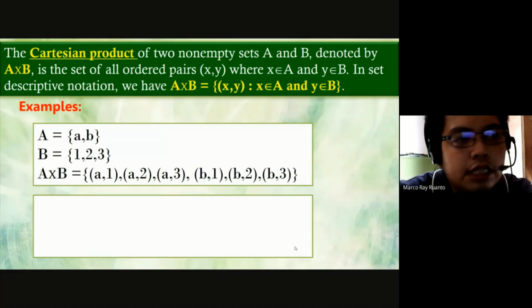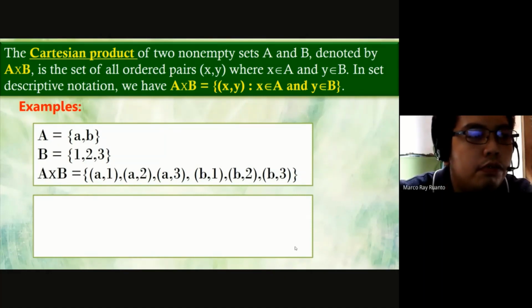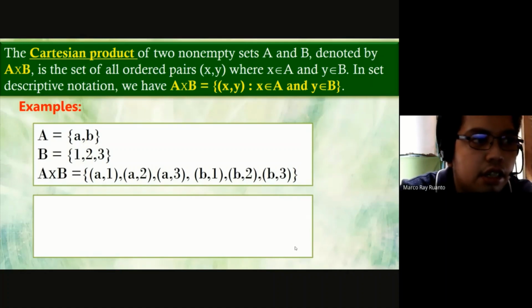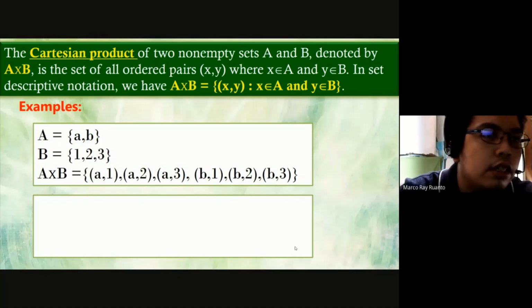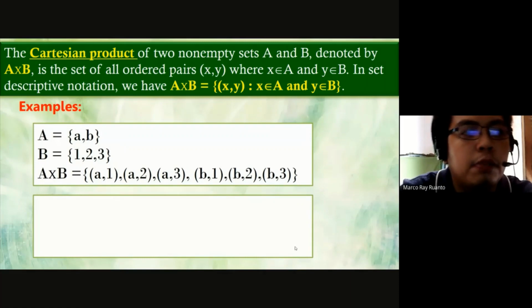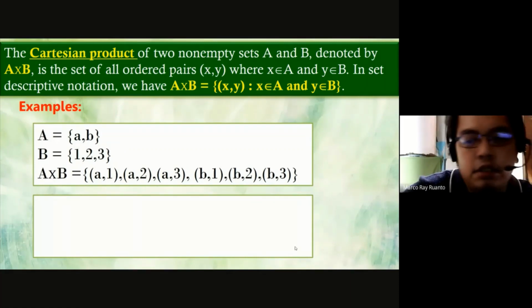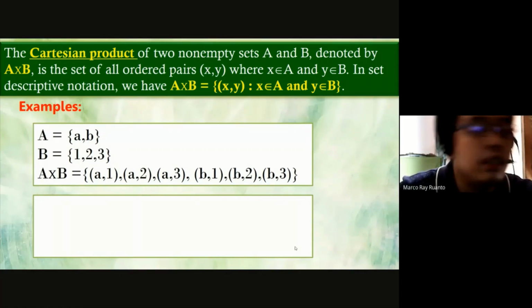Notice that the first elements of the ordered pairs are the elements of set A, and the second elements of the ordered pairs are the elements of B, so you have 1, 2, and 3. That's how we write the Cartesian product.